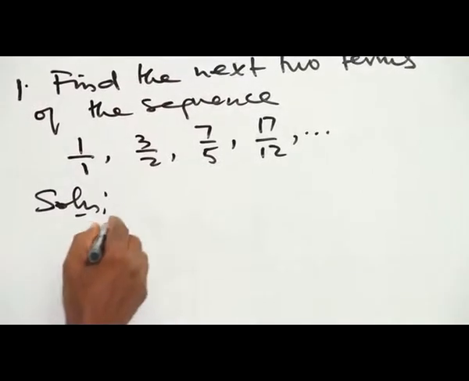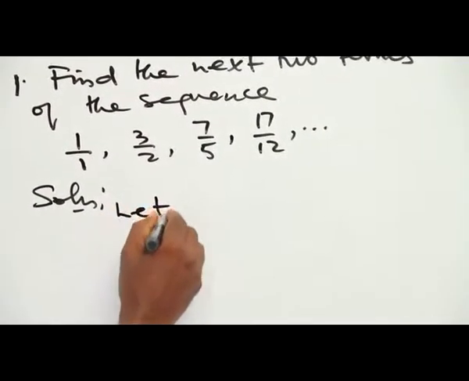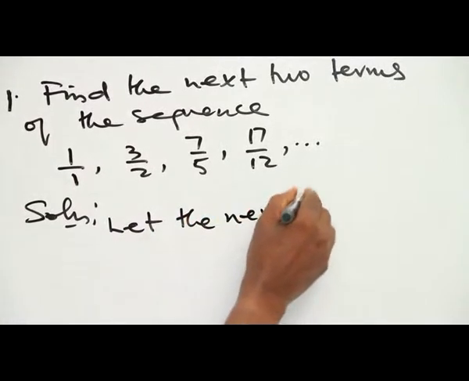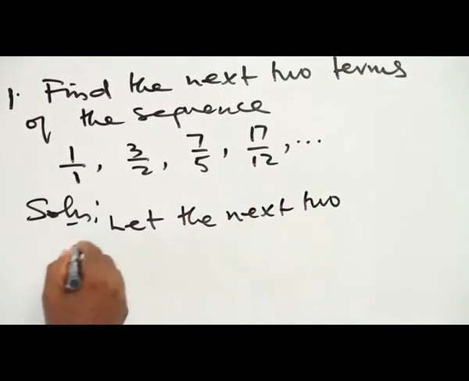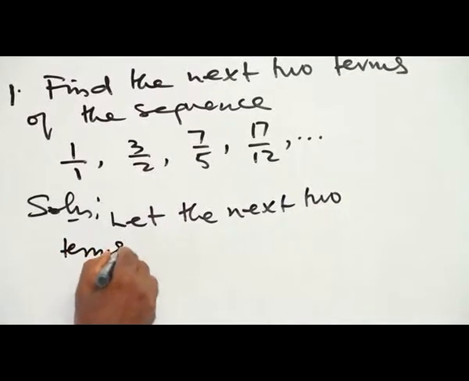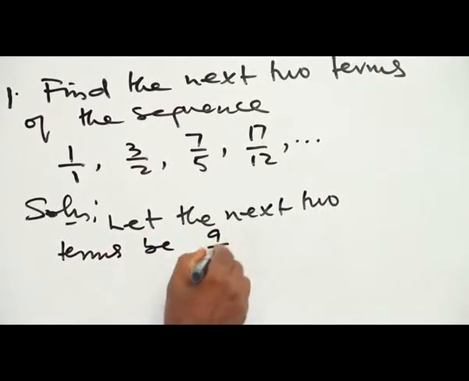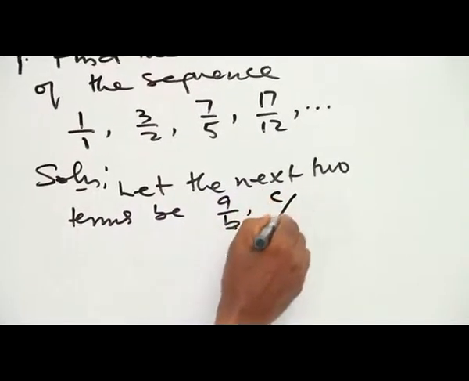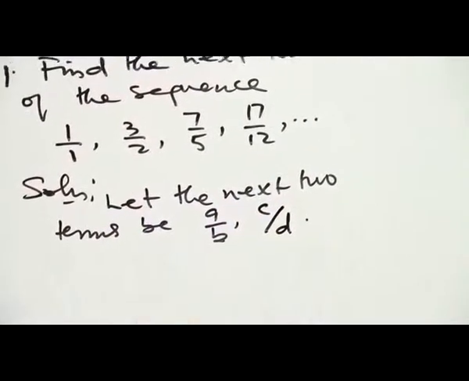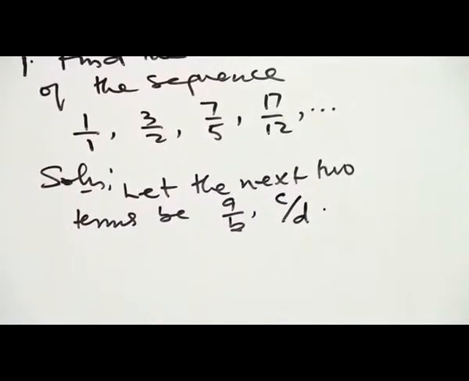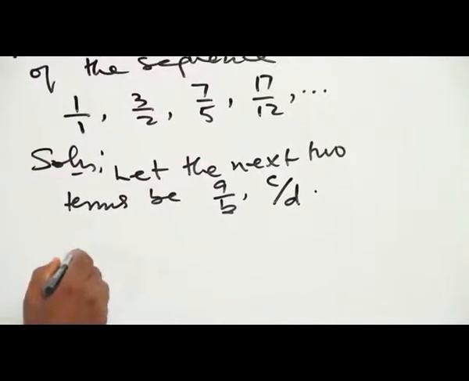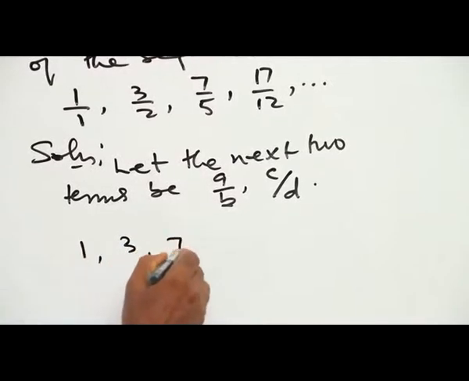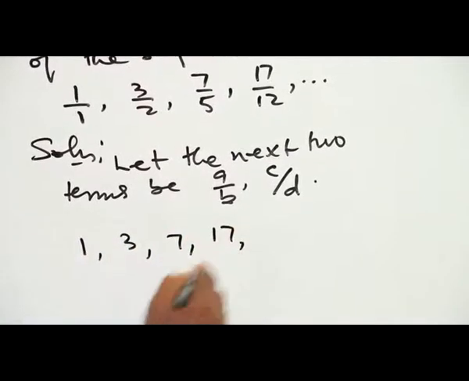So we will now say, let the next two terms be A over B and C over D. Let's take the numerator where you have 1, 3, 7, 17.